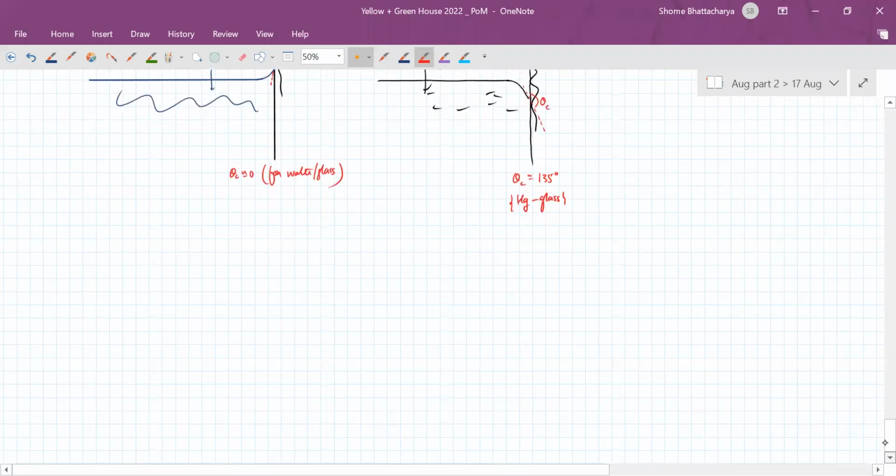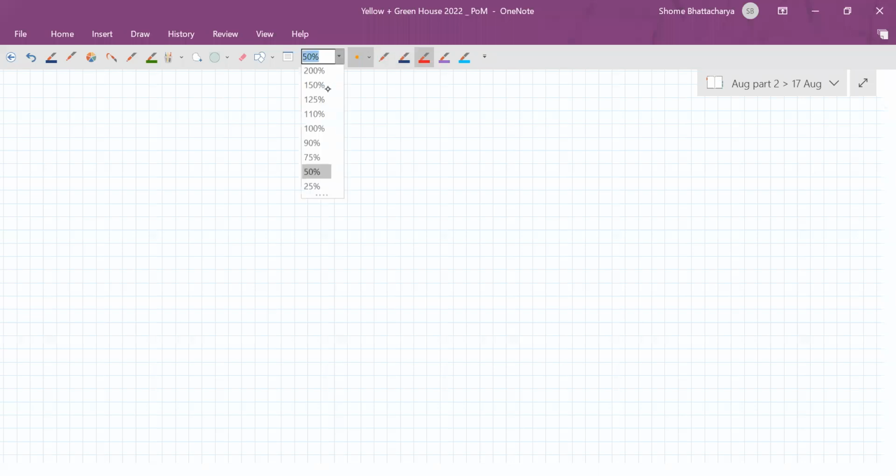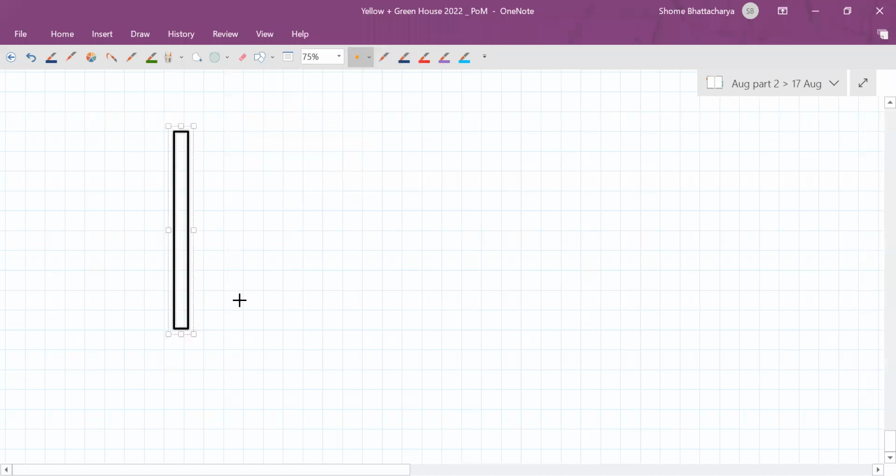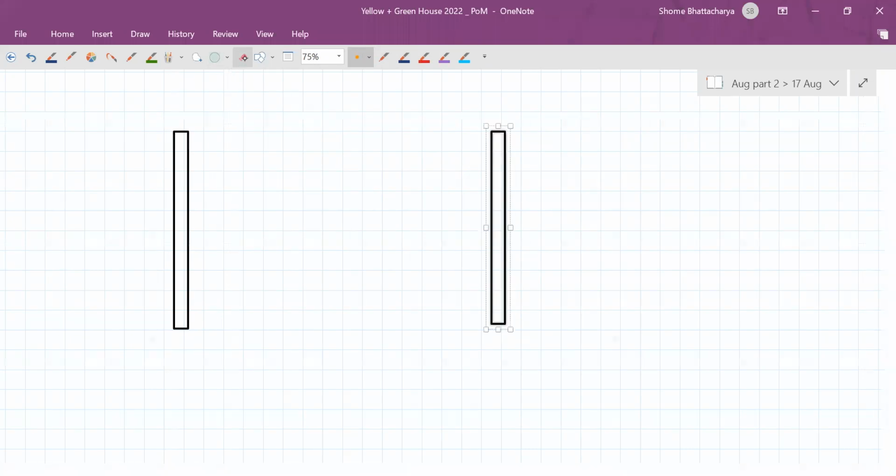In one case, if we are inserting a narrow capillary into the surface of water, and in the other case, we are inserting the same capillary into the surface of mercury, you'll see that the water level will rise because of the acute contact angle and a positive pressure difference it will create. Whereas the mercury level will in fact decrease.